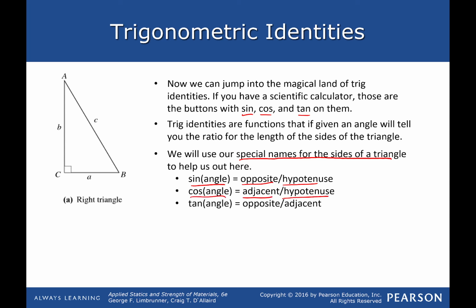And tan of an angle is the opposite over adjacent. So tan connects these two sides. I'm going to just do it for this angle right here. Cosine connects these two sides. And sine connects these two sides. So you can see with those three trig identities, I have all the sides connected.